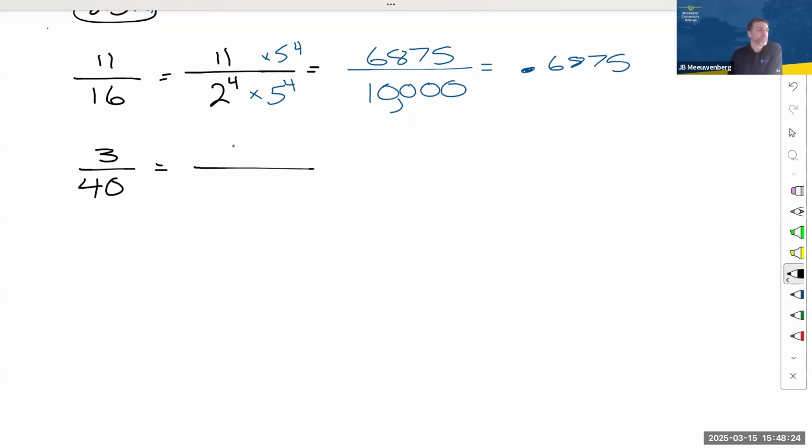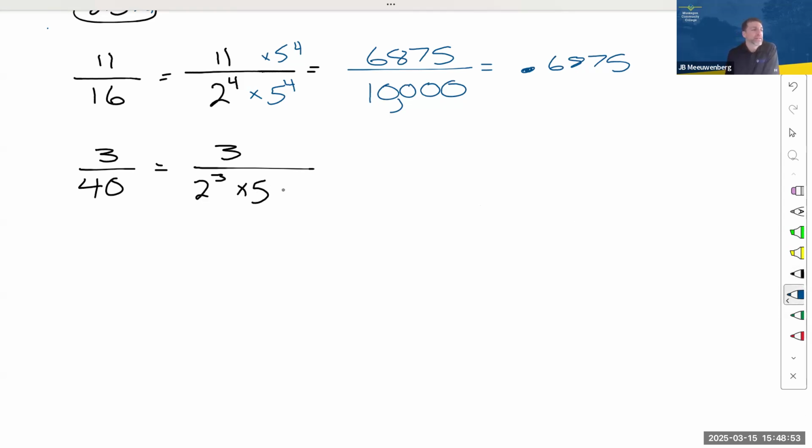If you start with your factor tree, you'll see that this is going to be 3 over 40, which is 2 to the 3rd times 5. 8 times 5 is 2 to the 3rd times 5. So did you figure out what to do with this one? Well, we already have 1 5 and 3 2s. We need an equal number of 2s and 5s.